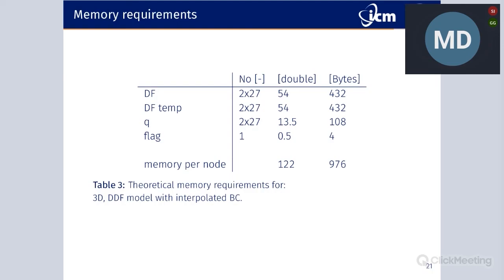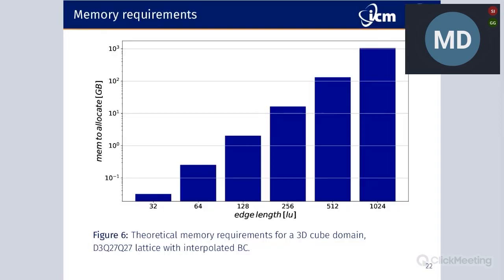And for the cases Grzesiek showed you, those are the memory requirements: almost 1 kilobyte per single node in 3 dimensions, which is not big, but we need quite a lot of those to obtain realistic simulations, especially if you want to see turbulence or those types of phenomena.